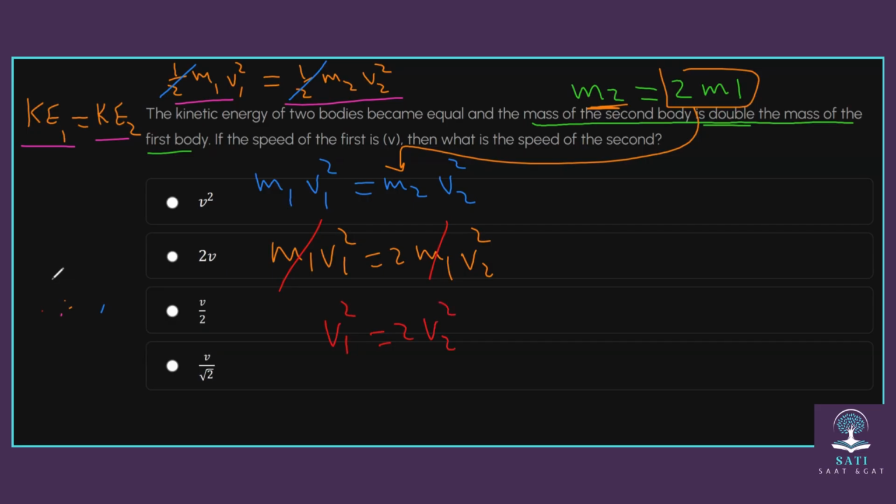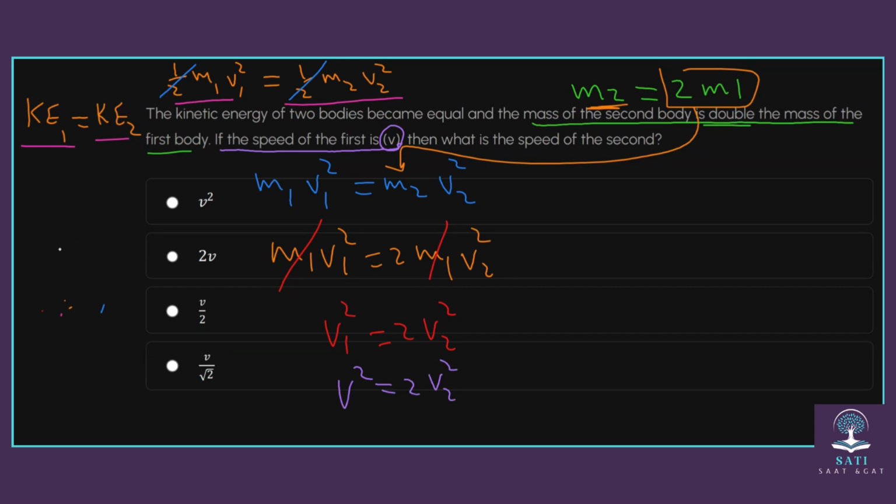If the speed of the first is v, then instead of v1, I'm going to write just v. So I write v squared equals 2 v2 squared.